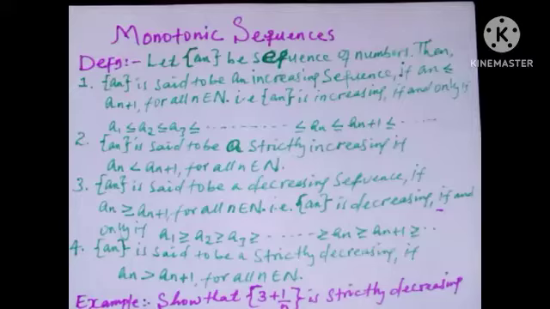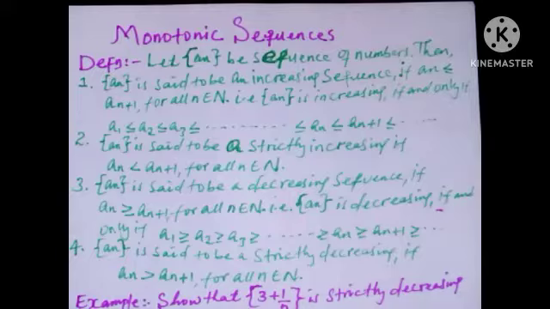What is a monotonic sequence? Let a_n be a sequence of numbers. Then a_n is said to be an increasing sequence if a_n is less than or equal to a_(n+1) for all n an element of the natural numbers.